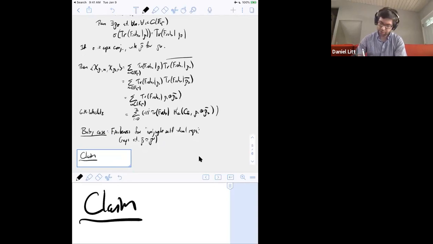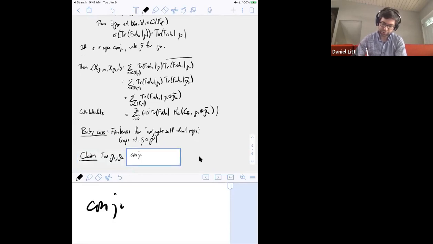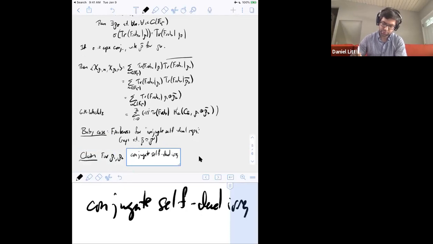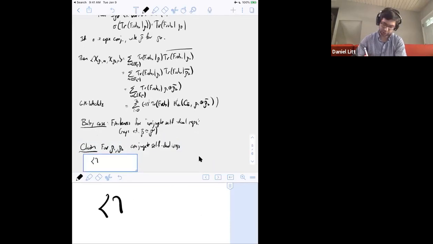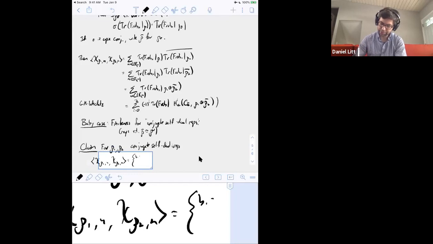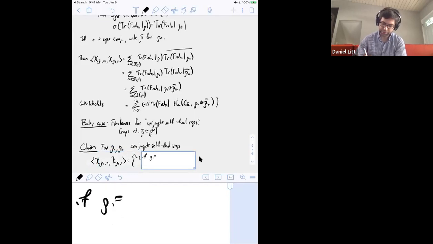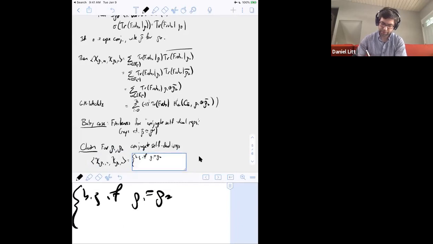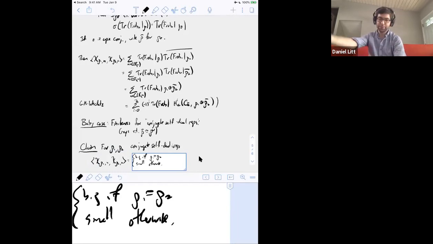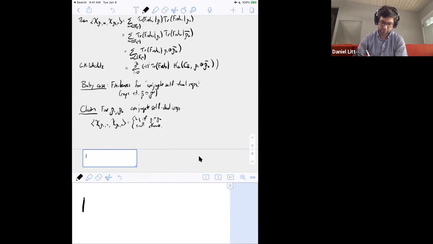We want to show that for rho_1, rho_2 conjugate self-dual irreps, the inner product of the character of rho_1 with the character of rho_2 is, well, big if rho_1 is isomorphic to rho_2 and small otherwise. All right, so let's prove it. So here's the proof, and I'll say what big and small means in the course of the proof.